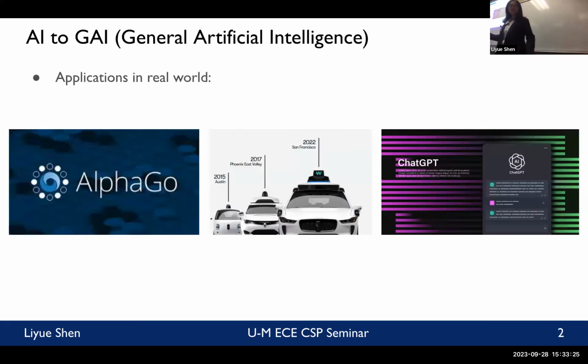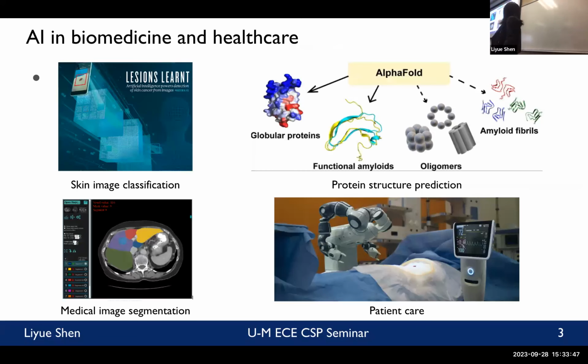Firstly, we can see the improvement of AI in recent years, not only in AI but also in generative AI. For example, what happened last year with ChatGPT changed almost everyone's daily life. There are also applications like AlphaGo and self-driving. This is very exciting, as is the field of biomedicine and healthcare.